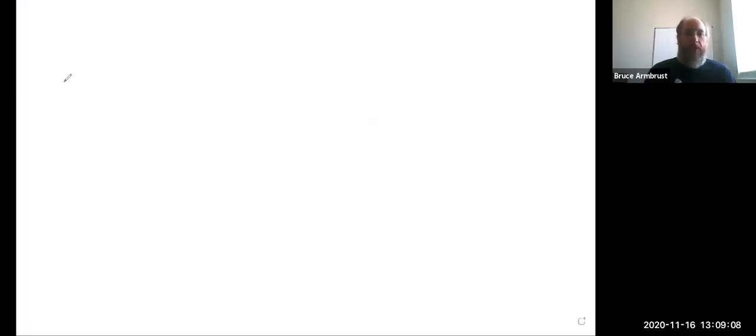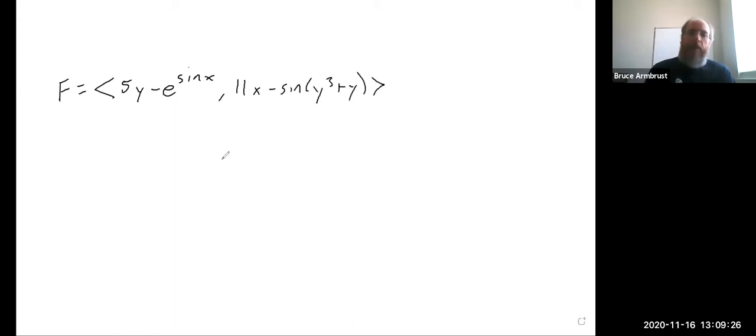For this one, our vector field is going to be 5y minus e to the sine x, comma, 11x minus sine of y cubed plus y. I got that by looking at the integral in differential form, with something times dx plus something times dy. The multiplier on dx, that's our P, according to this book, and then the Q is the part that's attached to the dy.